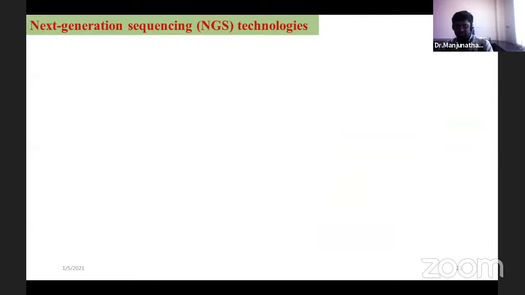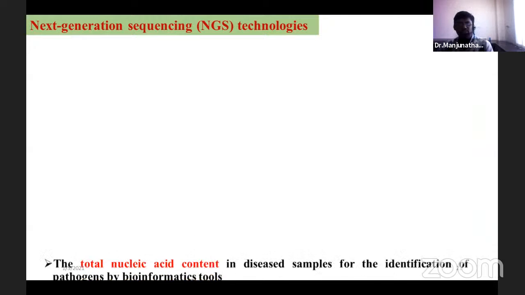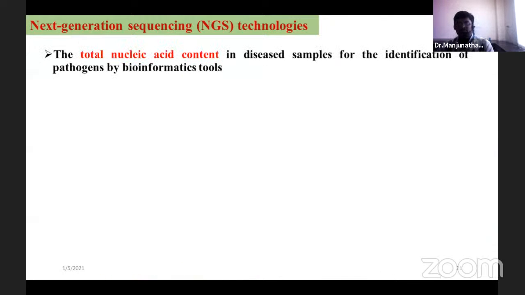Another recent, in the last one decade, technology that has revolutionized is next generation sequencing. Here the main point is we can extract the total DNA content of the sample, and whatever nucleic acid comes, you can analyze through different bioinformatic tools.